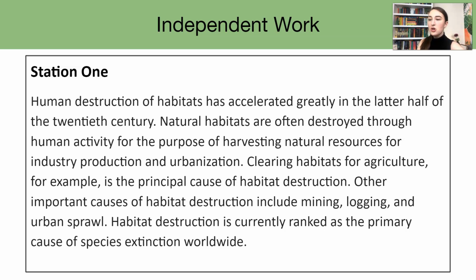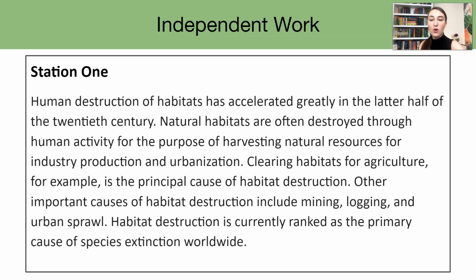Station 1. Human destruction of habitats has accelerated greatly, so sped up greatly, in the latter half of the 20th century. Natural habitats are often destroyed through human activity for the purpose of harvesting natural resources for industry production and urbanization.